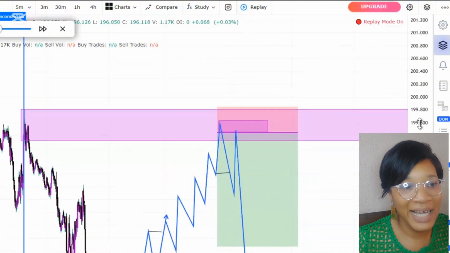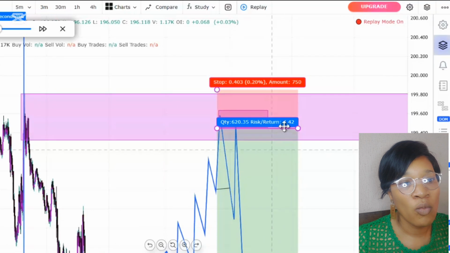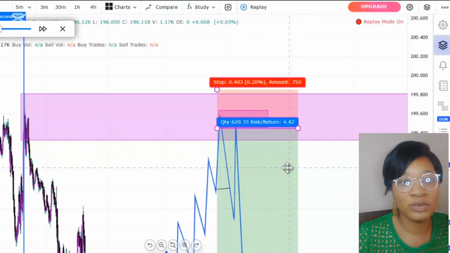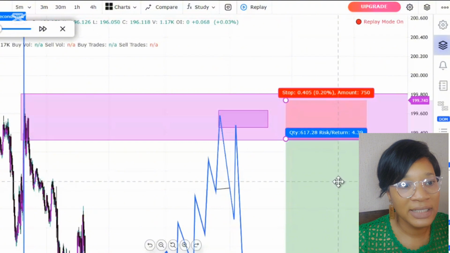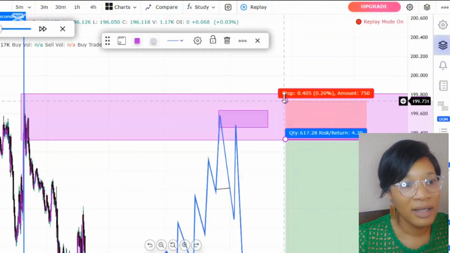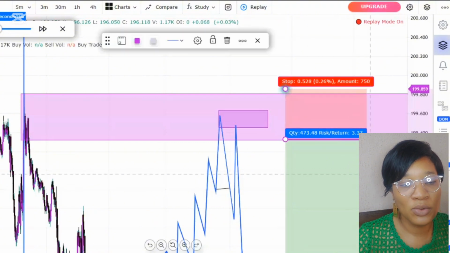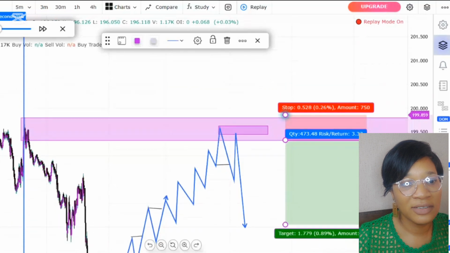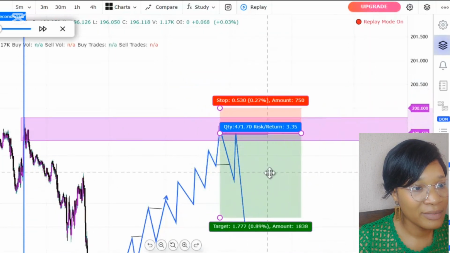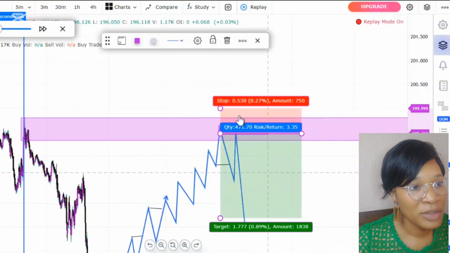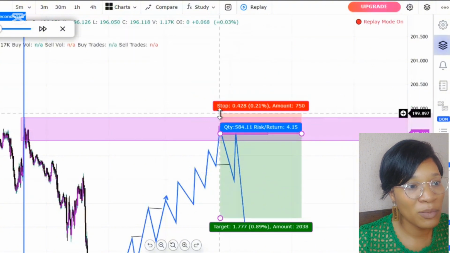It is way better. You can see it's giving a 1 to 4 risk to reward, unlike when it was here. If it was here, this would have been my stop loss, so at the end of the day I would be risking 1 to get 3.3 or so. But if it is right here, I no longer have to extend my stop loss this much.